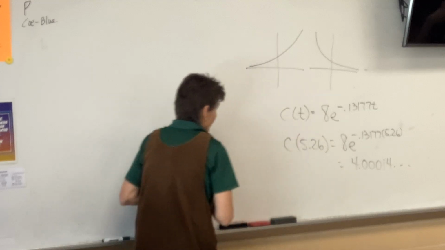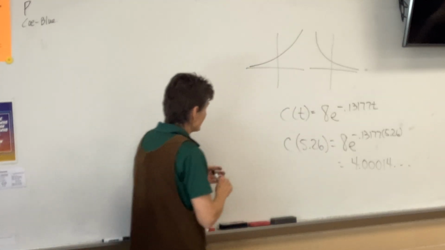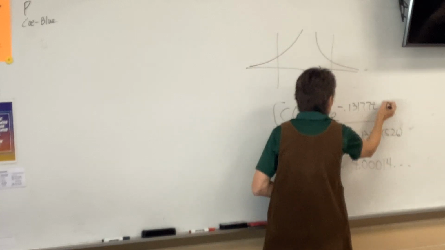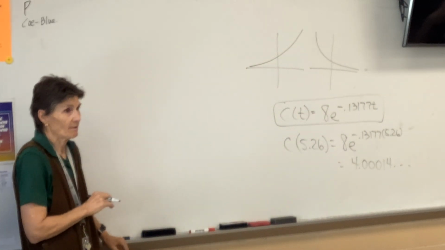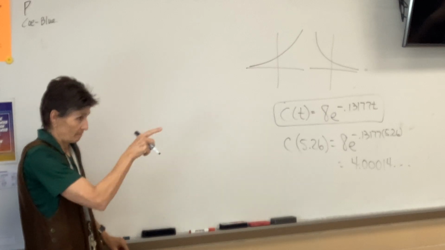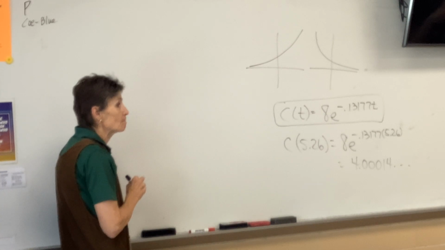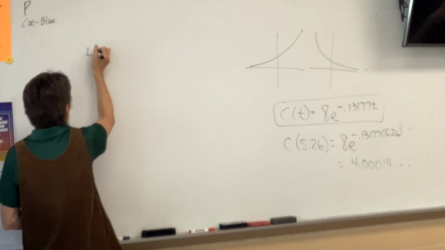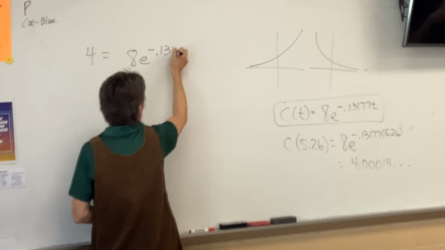What if, though, they gave me this equation and they said, find the half-life? We put 4 in on the left side and then take the natural log. So 4 equals 8e to the negative 0.13177t.